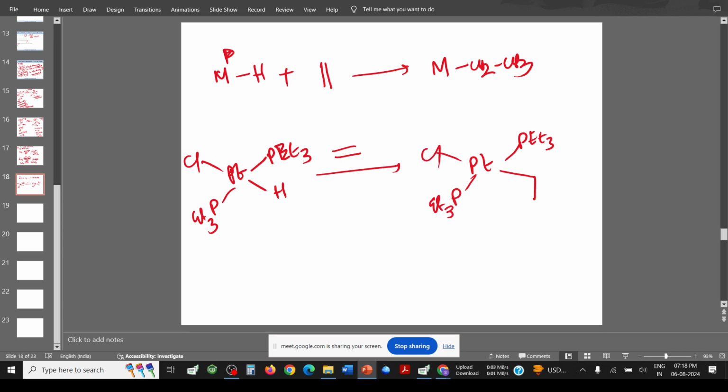This is one of the methods for synthesis of the alkyl metal sigma alkyl complexes.